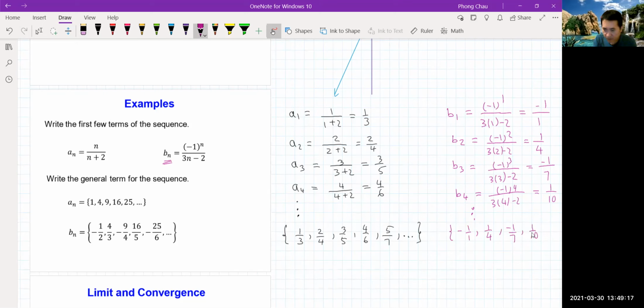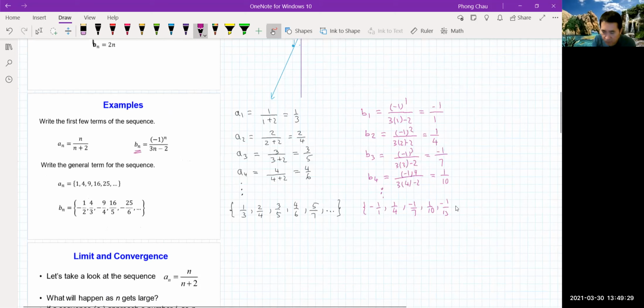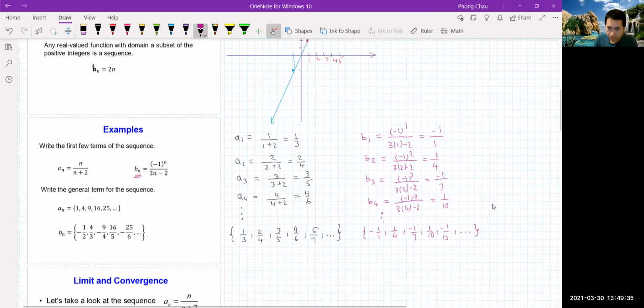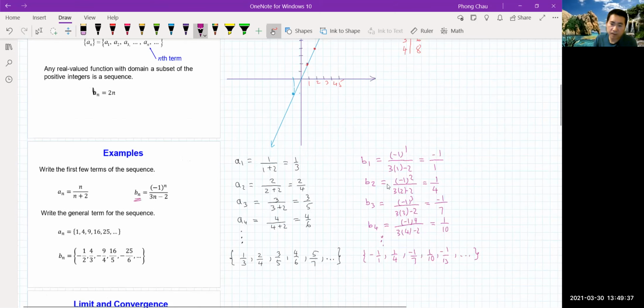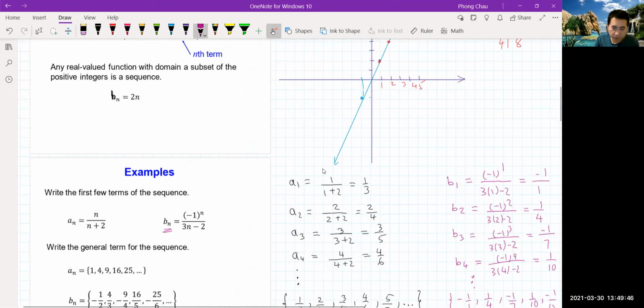You see the sign alternating. The next one is negative 1 over 13, and it looks like the denominator increases by 3. So 13 and then dot, dot, dot. All right, so that is the sequence.